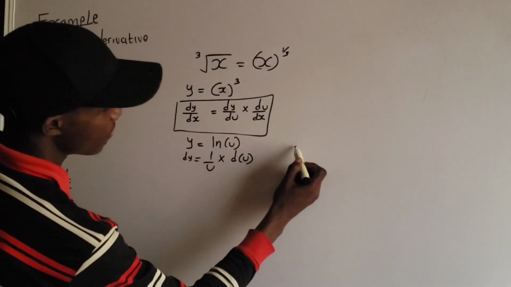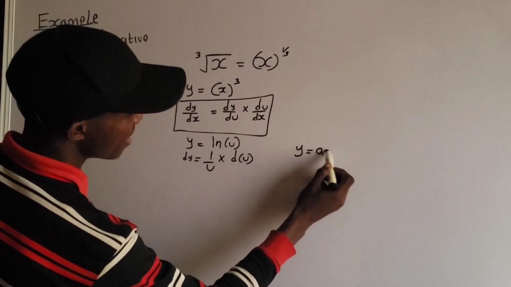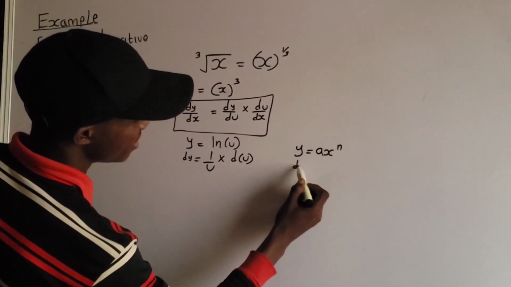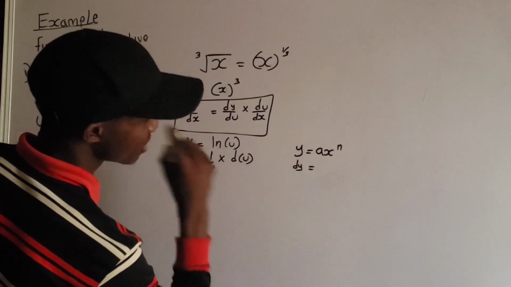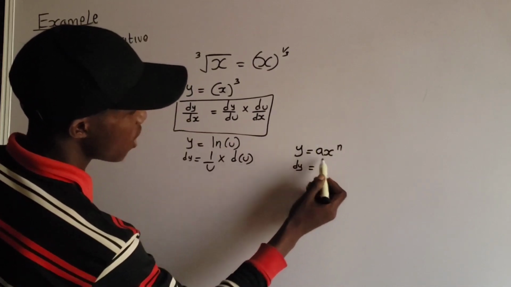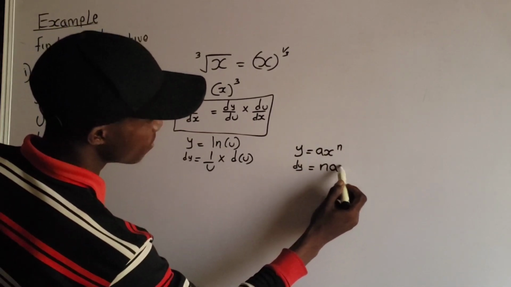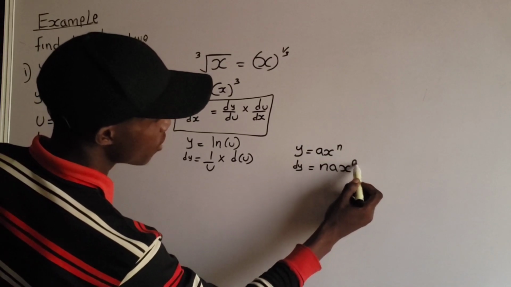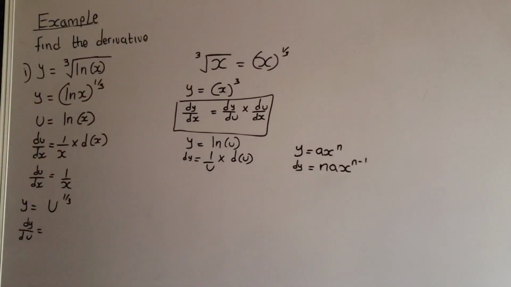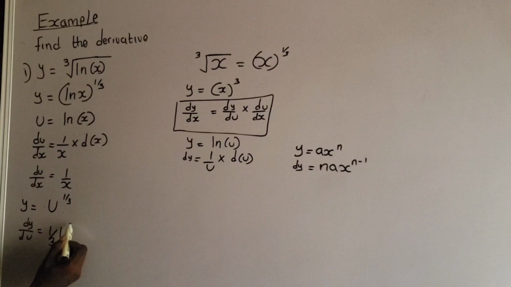Don't forget, we are told to differentiate a x raised to the power of n. The derivative of y is n a x raised to the power of n minus 1: the power multiplies the coefficient, and the power reduces by 1. So we use the same approach here. I multiply the coefficient of u by 1 over 3, and 1 over 3 is reduced by 1, so I have 1 over 3 u raised to the power of 1 over 3 minus 1.